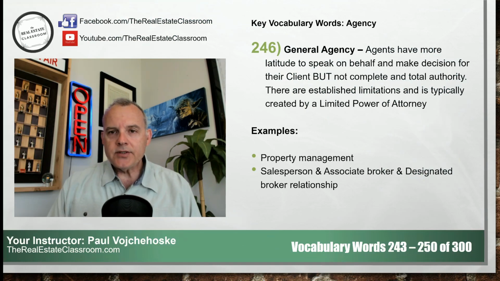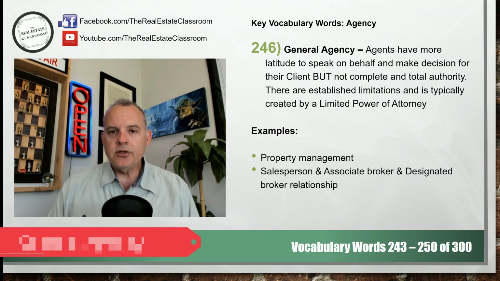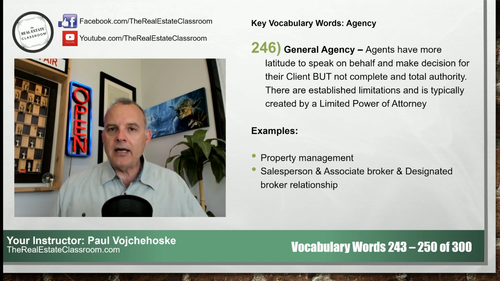Number 246 is general agency. Now, under a general agency relationship, the agents have far more latitude to speak on behalf of the client, to make decisions on behalf of their client, but it's not complete and total authority. There are established limitations on how far that licensee can go when they're speaking on behalf of their client.